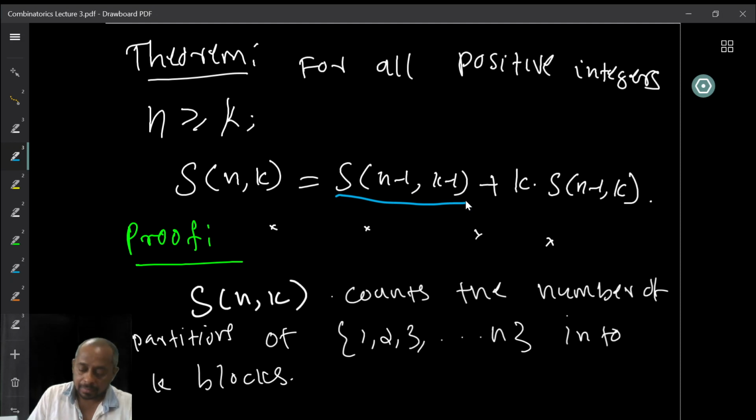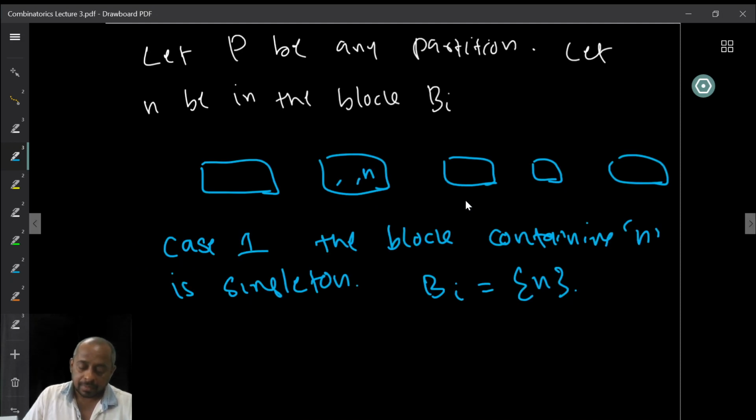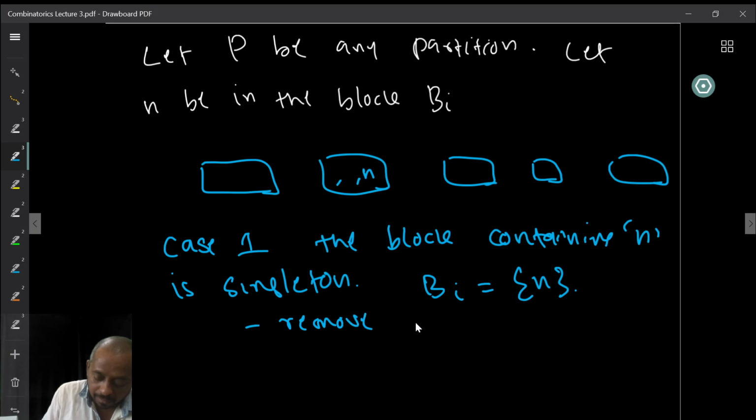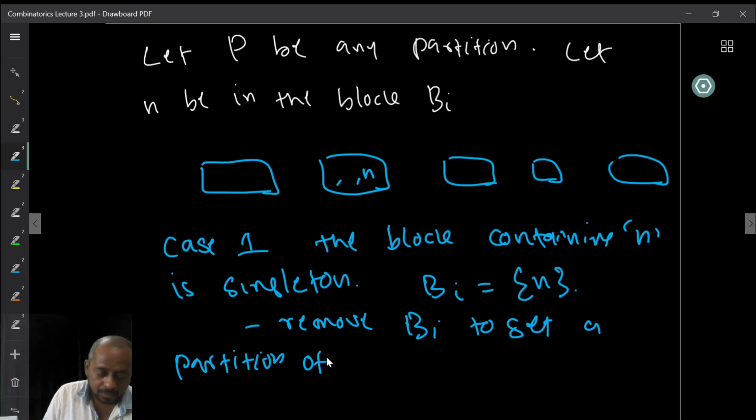Okay. So in this case, what we do? We remove b_i to get a partition of the set 1 to n minus 1 into k minus 1 blocks.